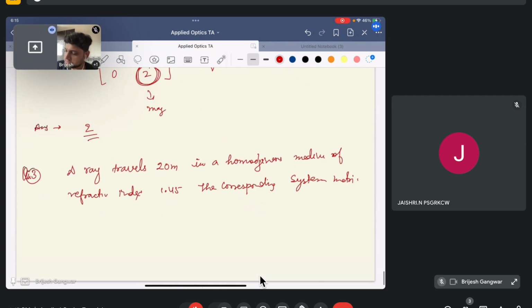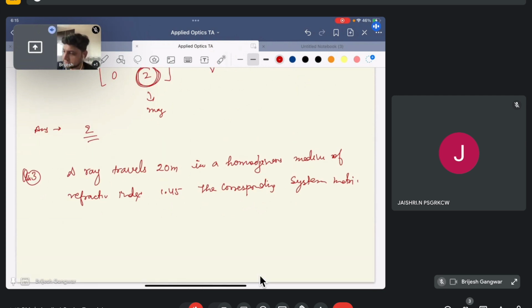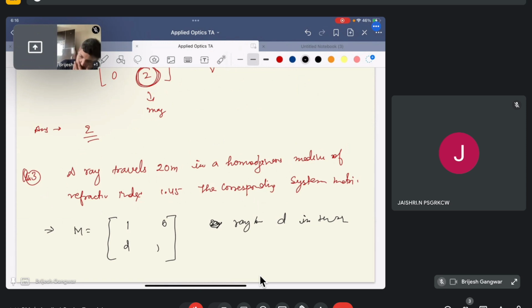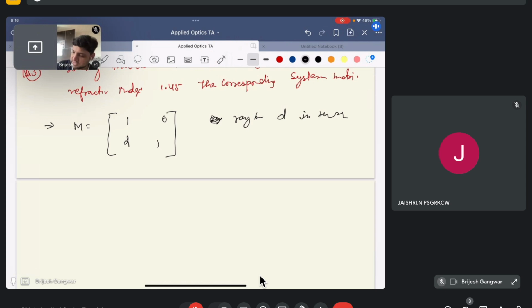How will we find it? We know that the matrix of a homogeneous medium of distance d is [1, d; 0, 1]. If the ray travels a distance d in the system with refractive index 1.45, then the term is d by n, that is 20 by 1.45. What will be the answer?